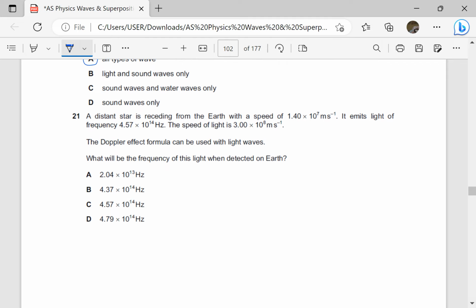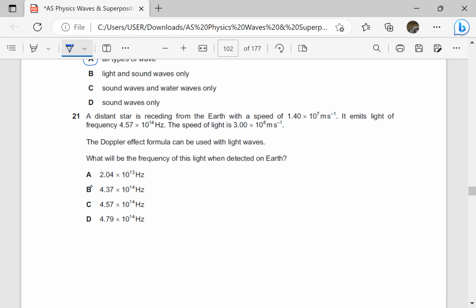A distant star is receding from the Earth with a speed of 1.74 times 10 power 7. It emits light of frequency 4.57 times 10 power 14 Hz. The speed of light is 3 times 10 power 8. The Doppler effect formula can be used with light waves.